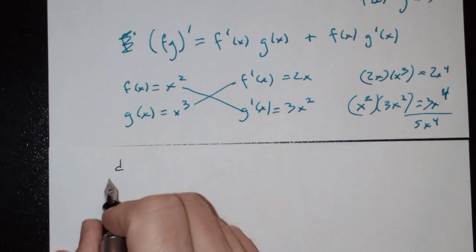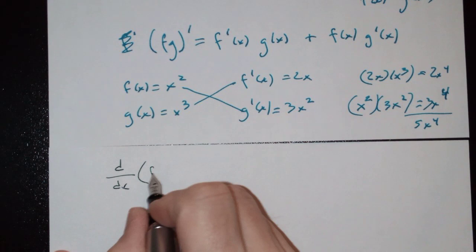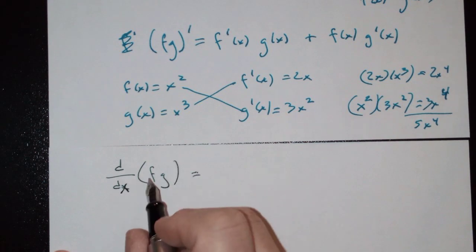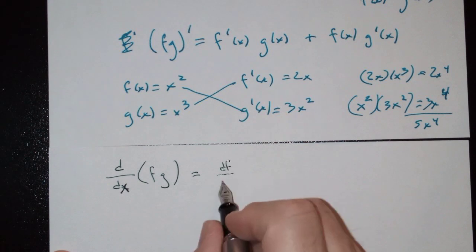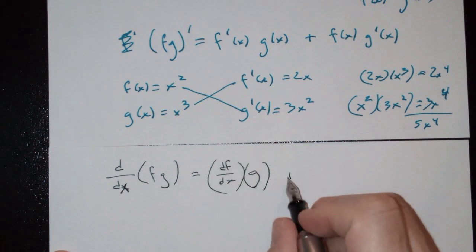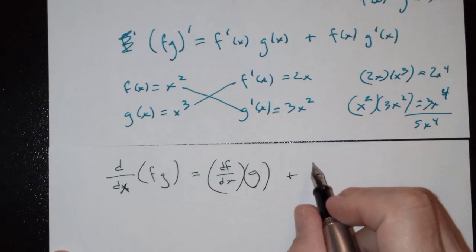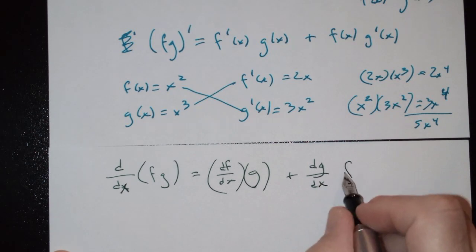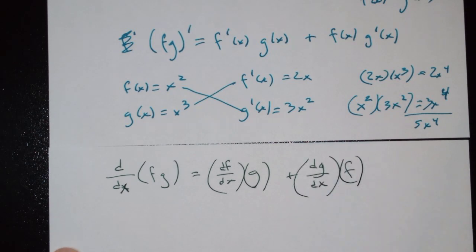The derivative of fg is derivative of the first times the second plus derivative of the second times the first. And I always actually, instead of writing f and g, I usually write f and s for first and second.